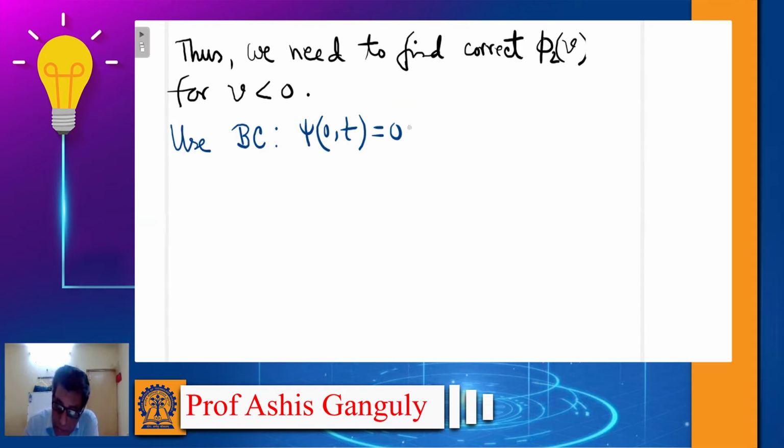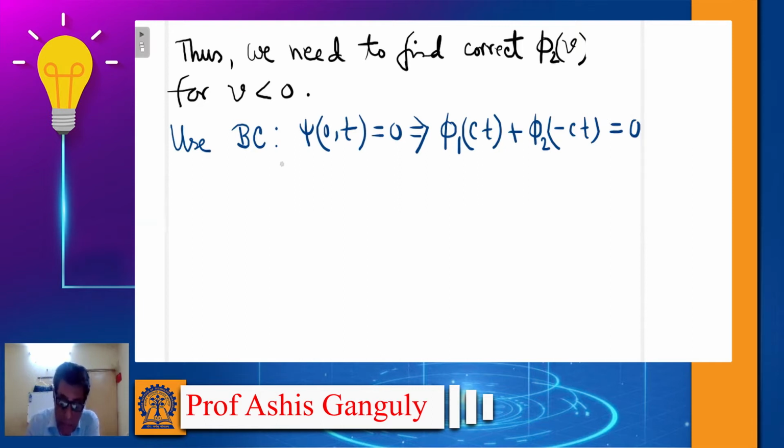That means psi is phi 1 of x plus ct, I am putting x equal to 0, so phi 1 of ct, plus phi 2 of x minus ct, putting x equal to 0, so phi 2 of minus ct must be equal to 0.